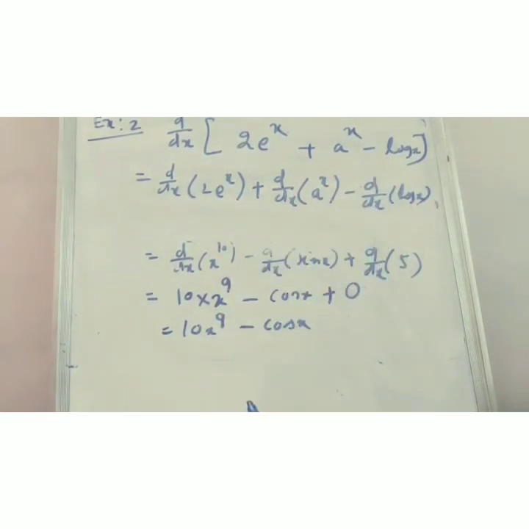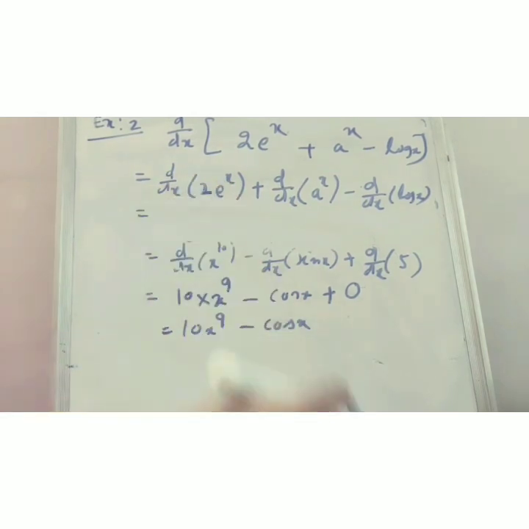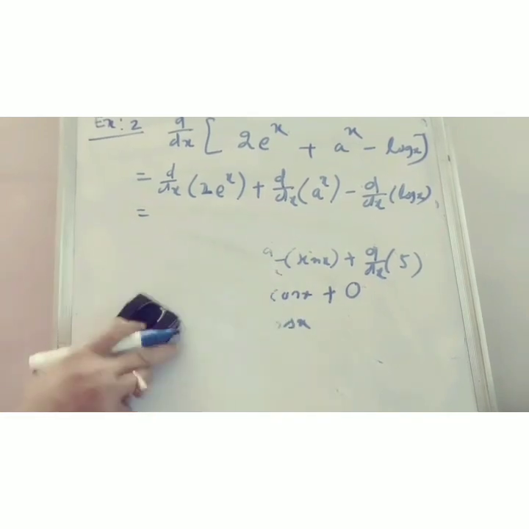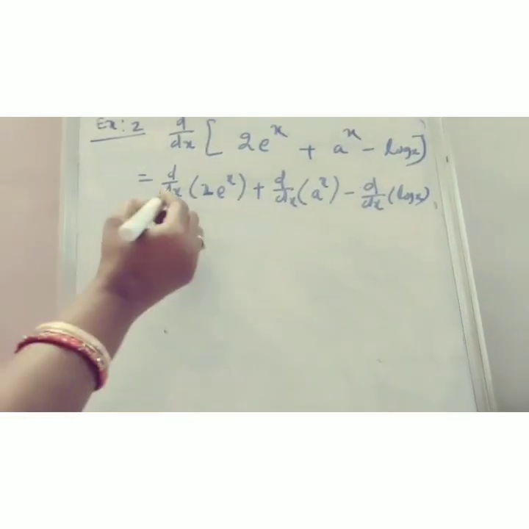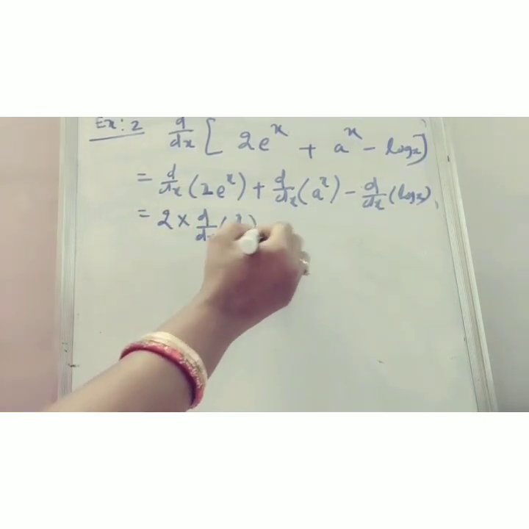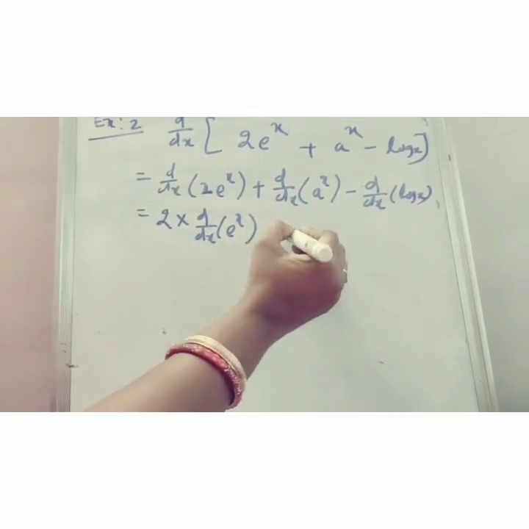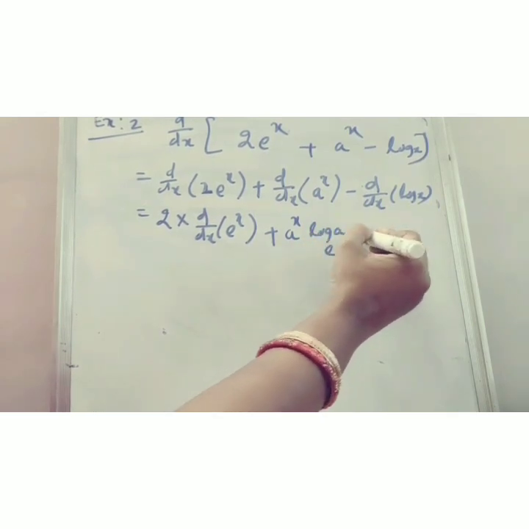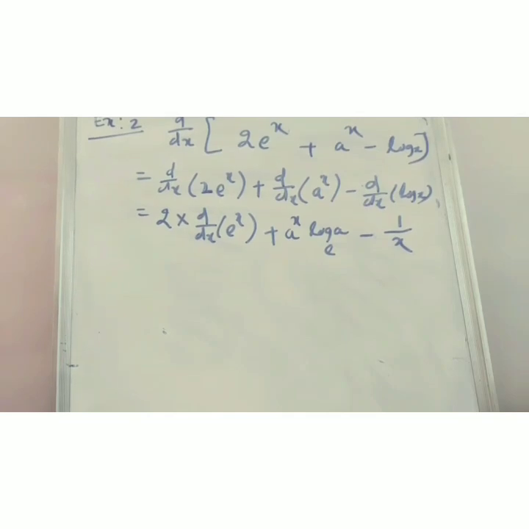Now that is equal to, here 2 is a constant term, 2 is multiplied with e to the power x. So according to the last property of differentiation, 2 comes outside. So this becomes 2 into d by dx of e to the power x plus, put the formula of the derivative of a to the power x, this becomes a to the power x into log a base e, minus the derivative of log x with respect to x, which is 1 by x.